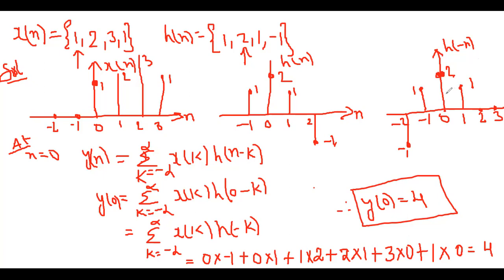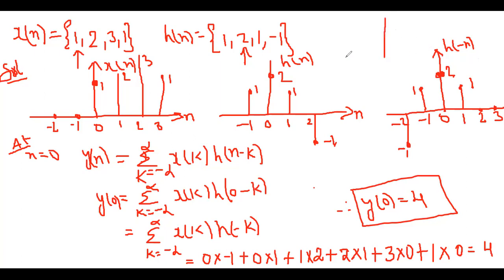Got it, my dear students? Left side, because we are adding the negative values. When we are adding positive values, you shift towards the right side, and when we are adding negative values, we shift towards the left side. So what is the left side value? Here itself I will do that one.